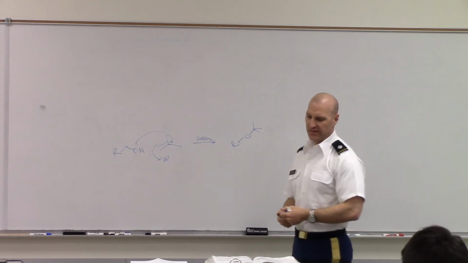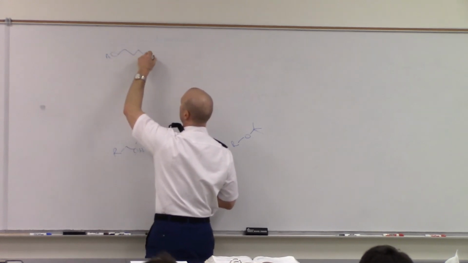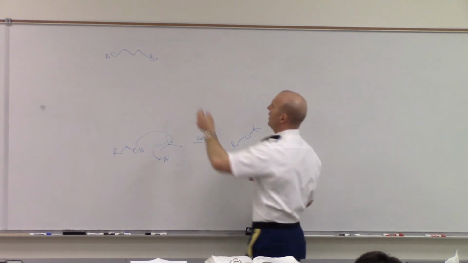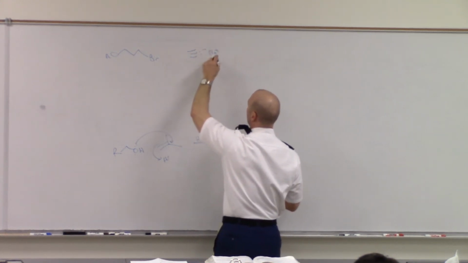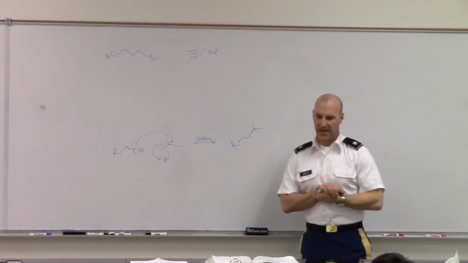So the reason why this is important is, say, we had an alcohol and a bromine on the same molecule, and we wanted to react it with, remember our triple bonds, right? That would be a good nucleophile, and that would attack.